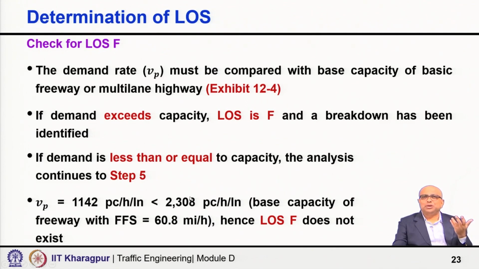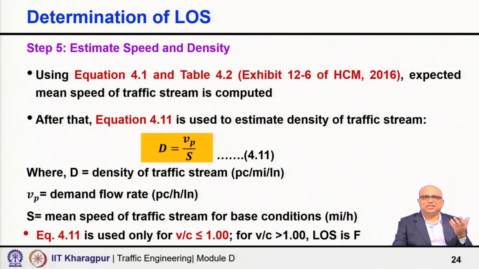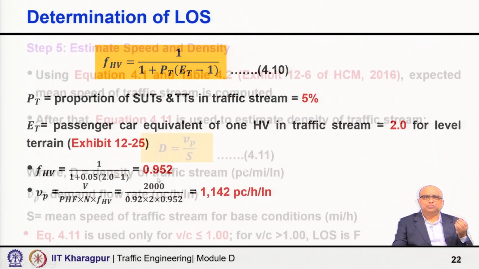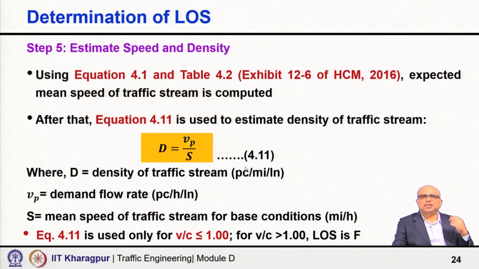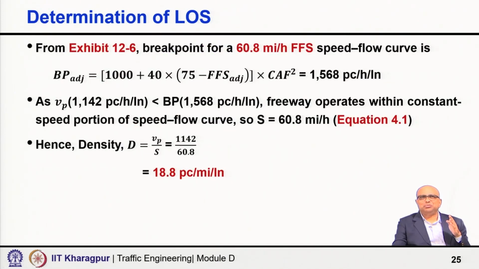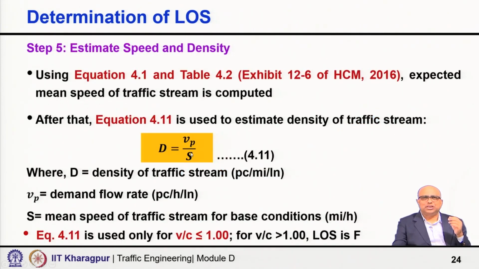So, therefore, what we have to do? We have to calculate the density. To calculate the density, we will again use this equation 4.1. So, those equations are there. We know that up to break point it is something and then beyond break point it is something else. So, that equation we have brought it here.